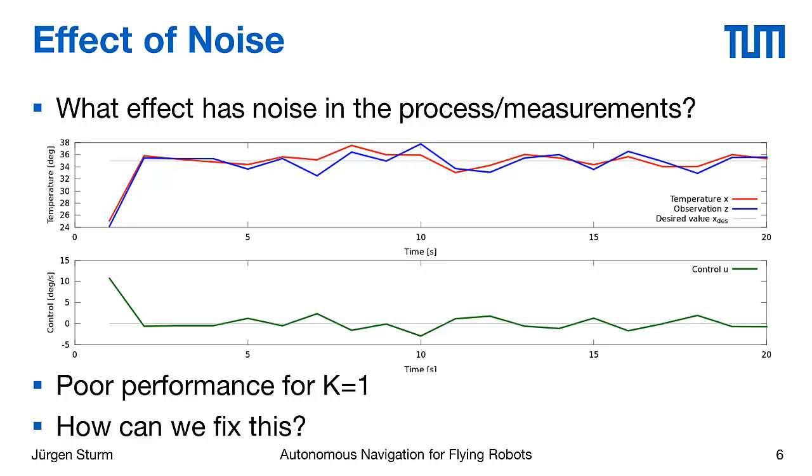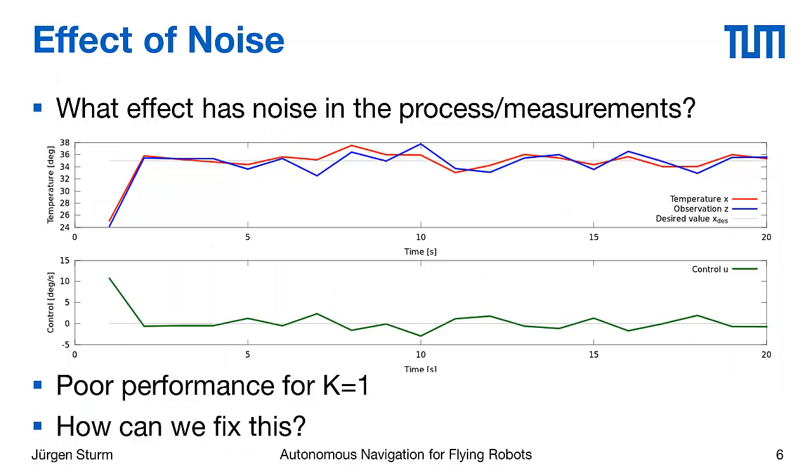Another problem here is that the controller always generates some control commands. So you can see that the green line in the bottom plot is not reaching 0. It always changes a lot between plus and minus 4 maybe, and this means that if you were under the shower, you would have to constantly adapt the temperature, and that's of course not very comfortable, but also for a quadrotor this would not be very energy efficient if you have to constantly give controls just to keep the same temperature.